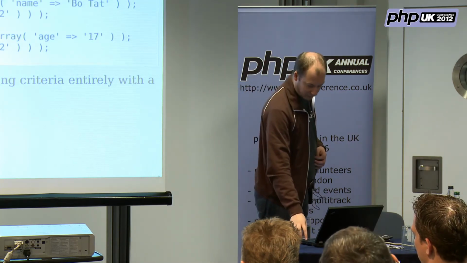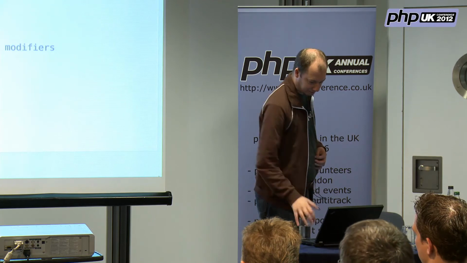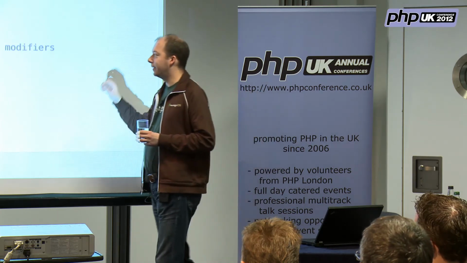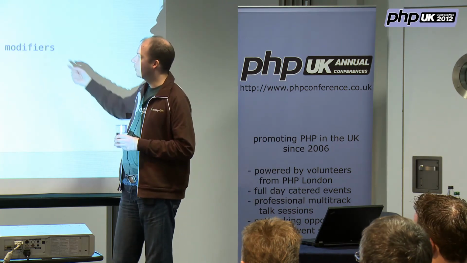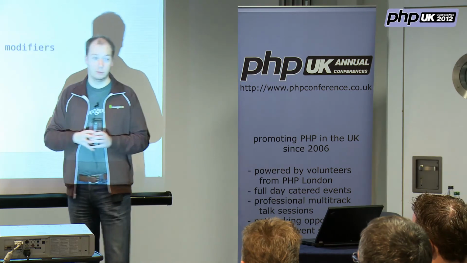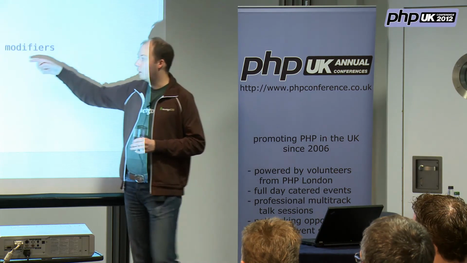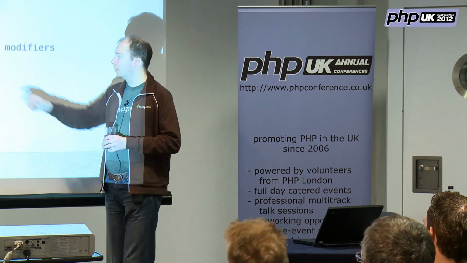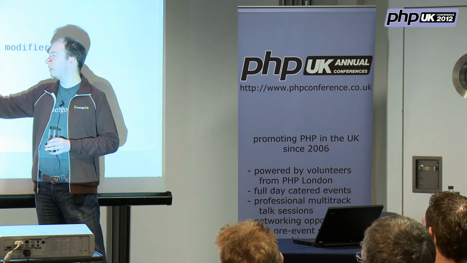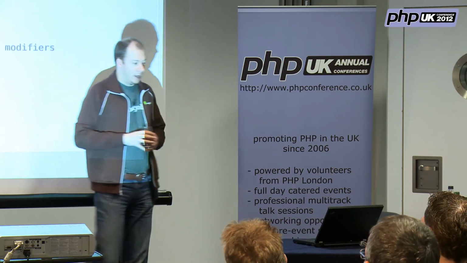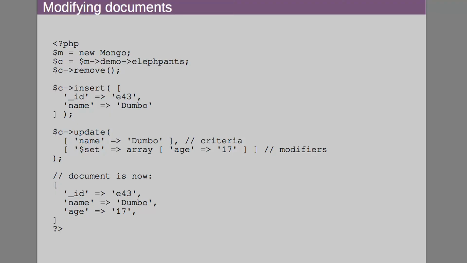Now, there are of course ways around that, by using a different kind of update specification. So again here, we insert an elephant, Dumbo in this case, and instead of replacing it with a whole new document, we're calling set, and set sets the value of a field. So we do set, and we set the age to 17. And this then gets stored in the database.